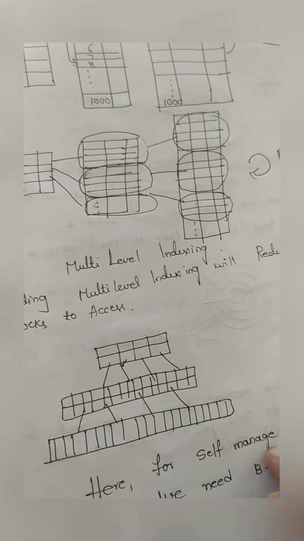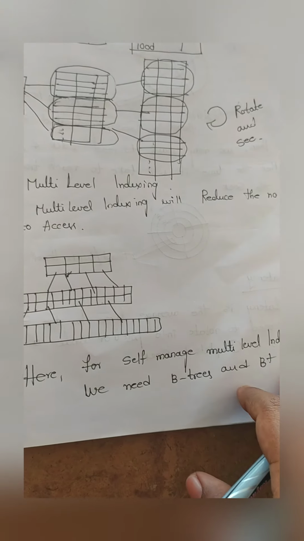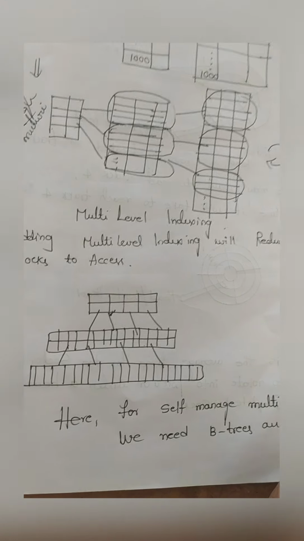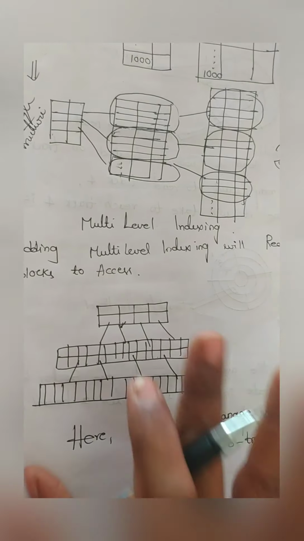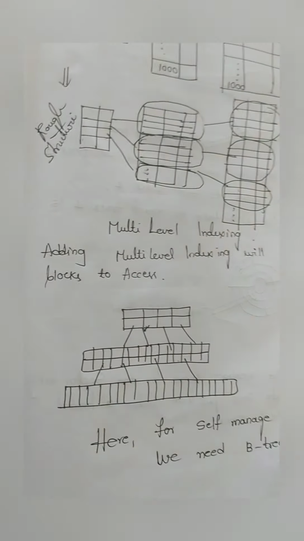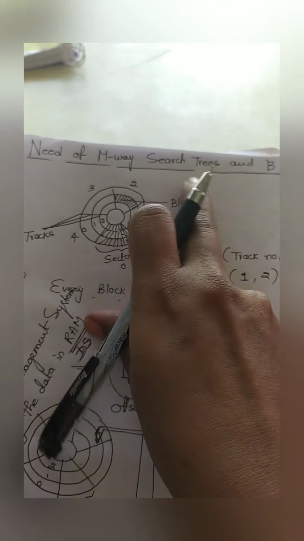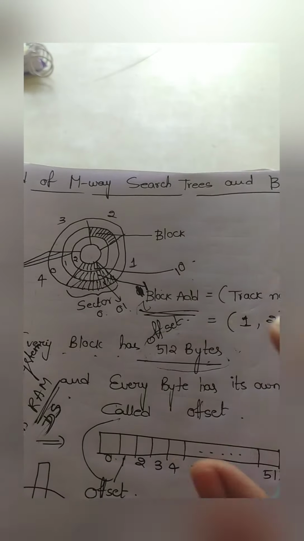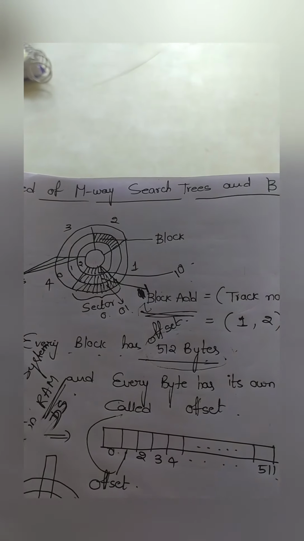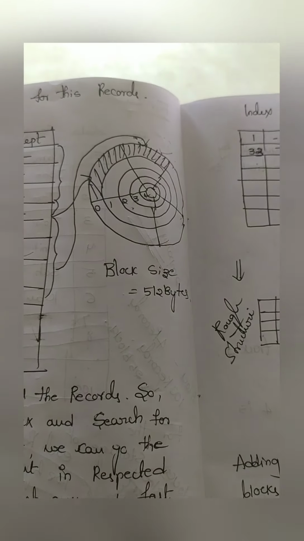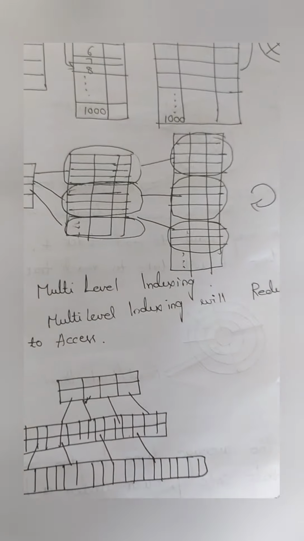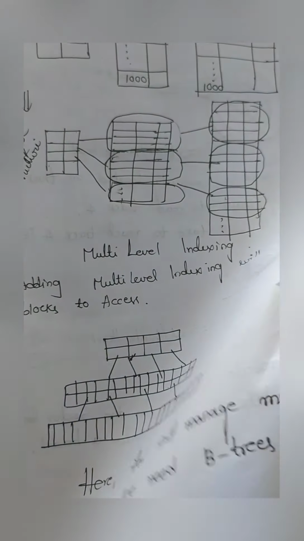To self-manage the multi-level indexing, we need B trees and B plus trees. That is multi-level indexing, and the concept of M-way search trees is needed as well as B trees. Multi-way search trees, how it works, we'll discuss in another session.